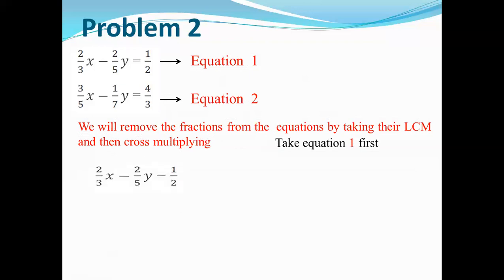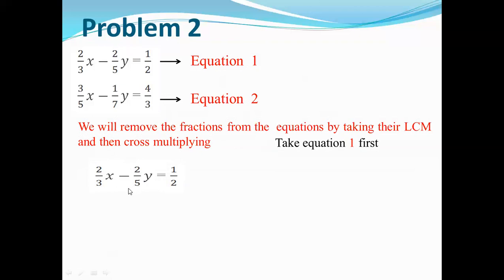2 upon 3x minus 2 upon 5y equals 1 upon 2. If you look at this equation, x and y both have fractional coefficients. To remove them, we have to find out their LCM. The LCM of 3 and 5 is 15.